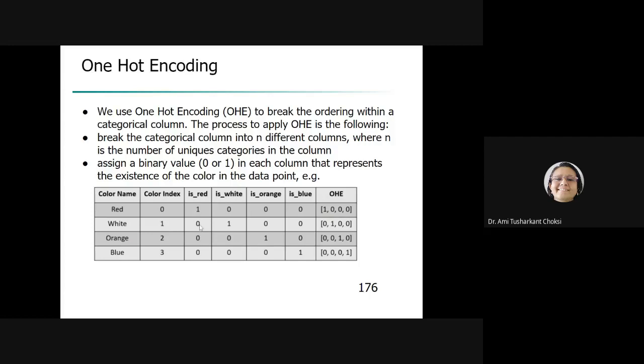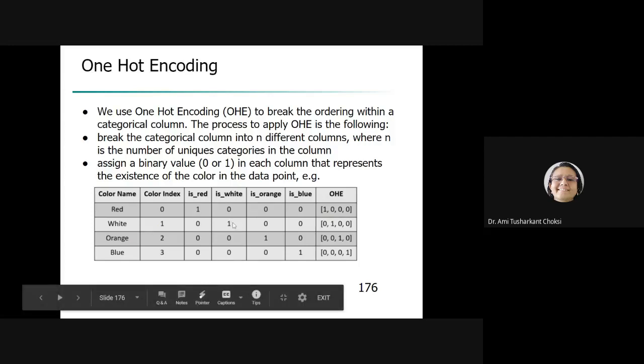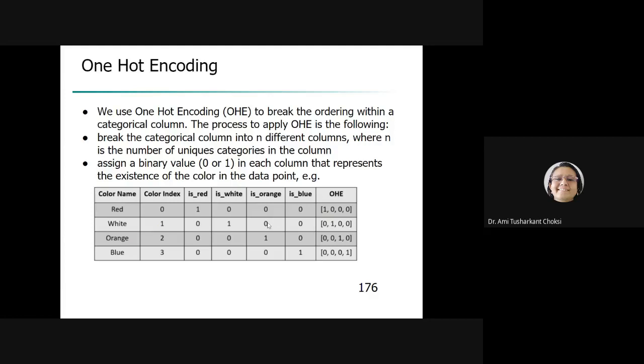So what about red? 0. For is_white, it is 1 because it is pure white. Is orange? Should we consider 1? Obviously not, so 0. Is_blue? It is also 0 for white, isn't it?